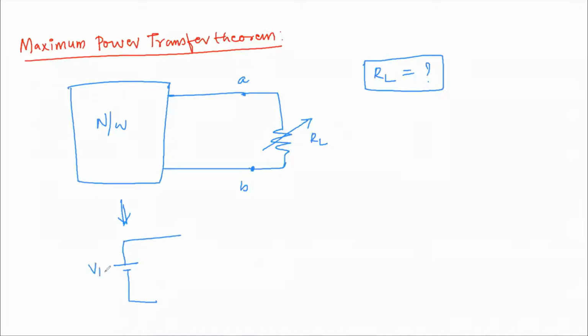So you'll get VTH and RTH across A and B. Now we will connect the same variable load resistance across these terminals.